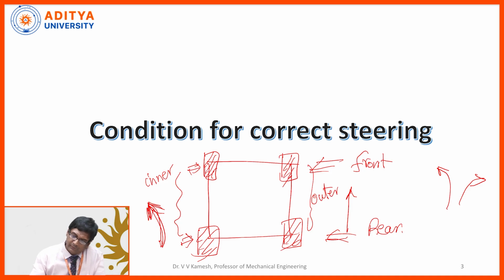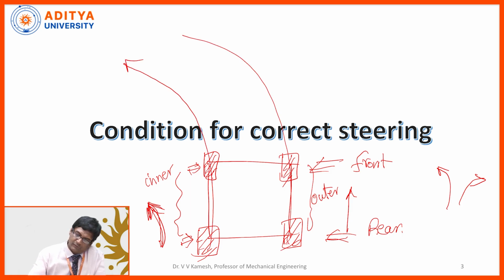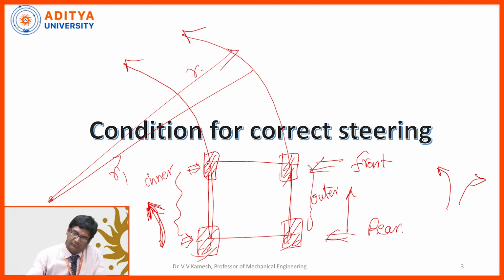Just to remember, I need to rotate like this. Now, what is the radius of the circle? This is R1 and this is R2. Now, you can identify very clearly what is the inner circle and what is the outer circle.